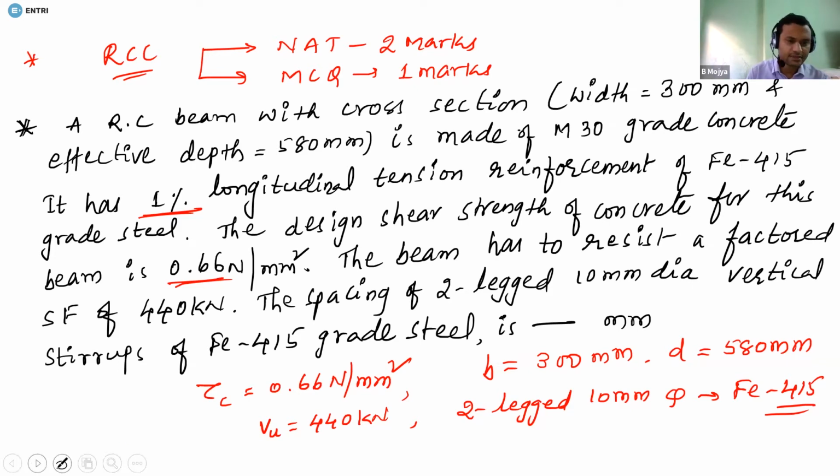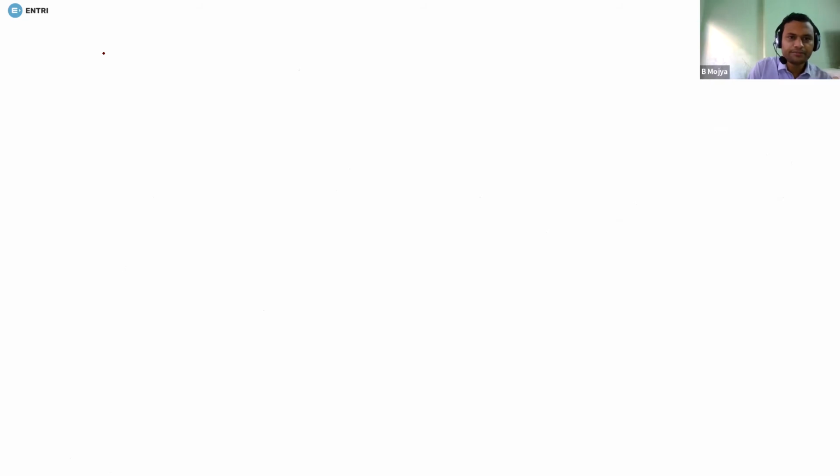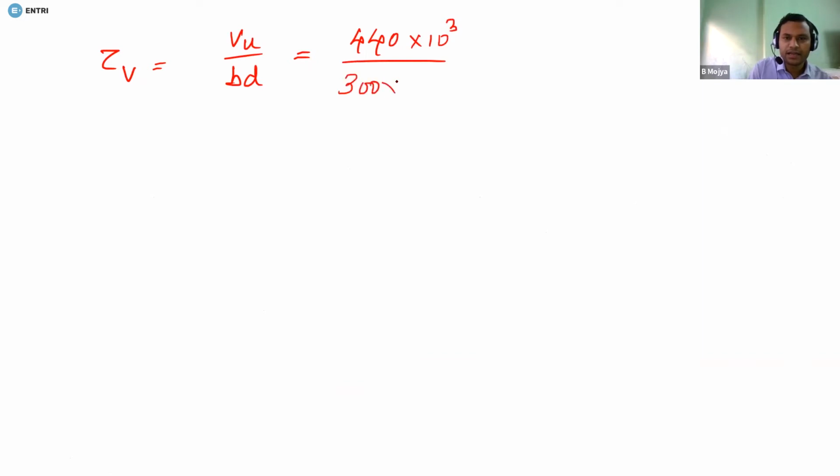So let us determine tau v. Tau v is VU divided by BD, where VU is given as 440 kilonewtons. So I will be converting it into newtons, divided by B, which is 300, and D, which is 580. Upon simplifying, it will be 2.5 Newton per millimeter square.